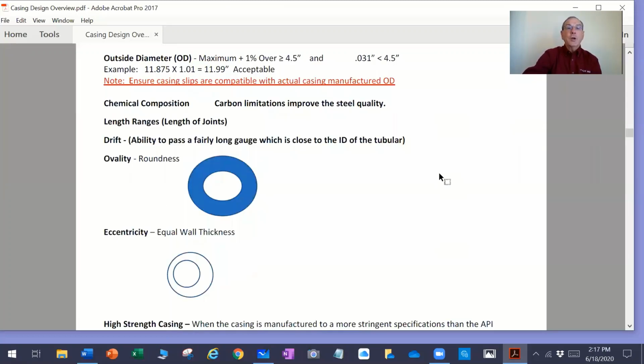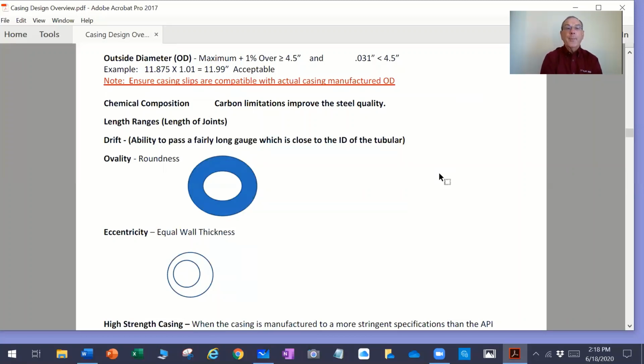Now here are some other terms that you just need to be aware of. Ovality is how round is it? Because the reality is it could be made somewhat, and I've exaggerated it on my drawing, but oval shaped. So if casing is oval shaped, it's going to cause different problems of either drift, or it's going to cause a problem with collapse resistance or other things.